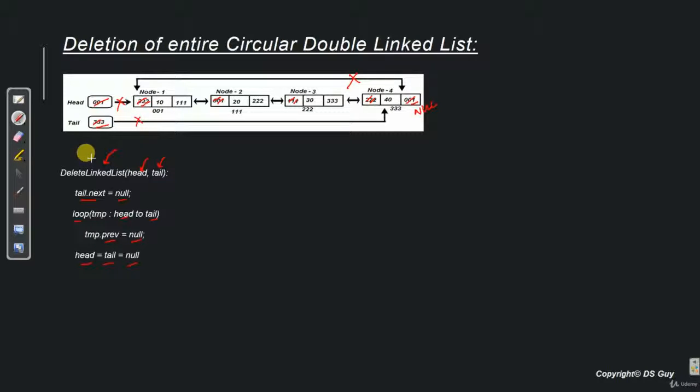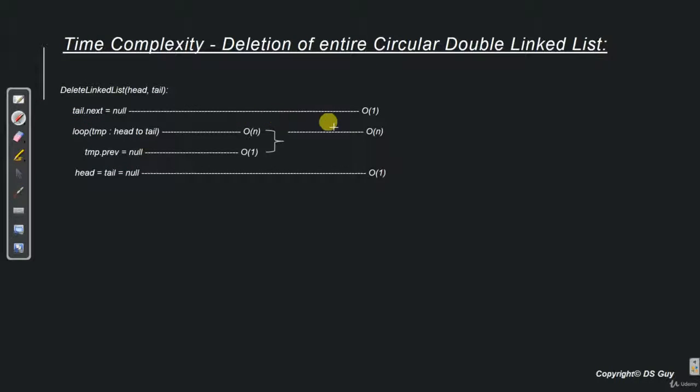Now let's see what is the time and space complexity of this algorithm. So setting a reference variable will take order of 1 time. Running a loop from head to tail will take order of n time. Again, setting a value in a reference variable is a constant time operation. Similarly, setting head and tail as null is a constant time operation.